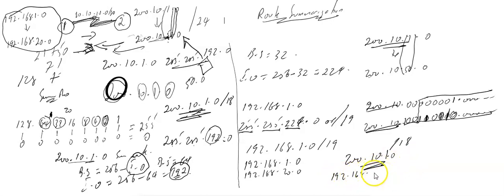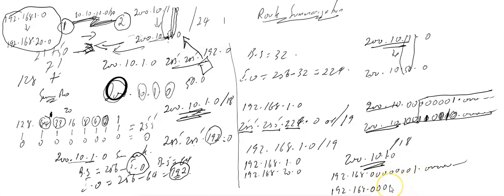So again, 192.168. Converting 1 to binary, that gives me 1, 2, 3, 4, 5, 6, 7, 8, dots 0, 0, 0, 0, 0 in 8 places. That's what I mean. Now the second one, 192.168.20. Convert 20 to binary, so that gives me 128, this will be 0, 64, 32.